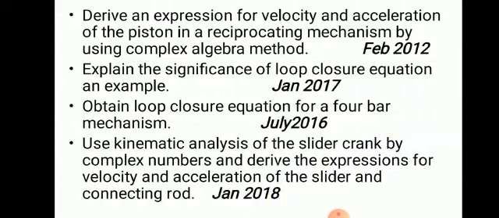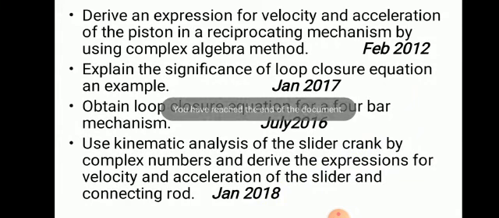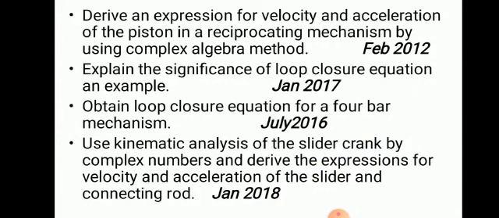Explain the significance of the loop closure equation with an example. Obtain the loop closure equation for a 4-bar mechanism. Do kinematic analysis of the slider crank by complex numbers and derive the expressions for velocity and acceleration of the slider and connecting rod. These are some of the questions they will ask.